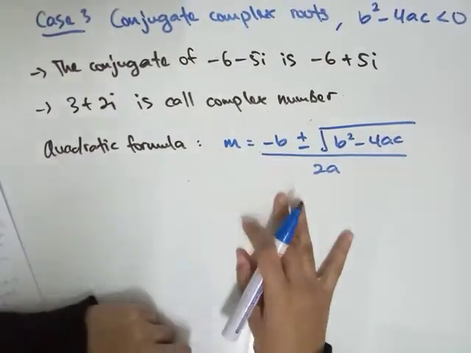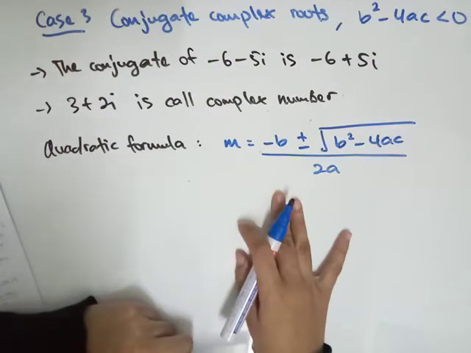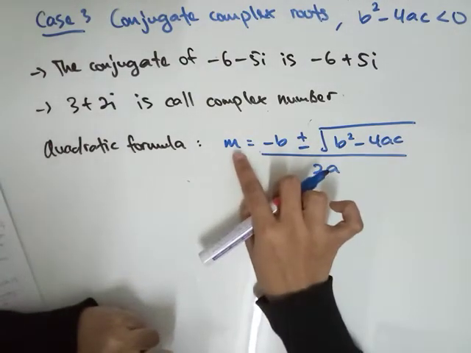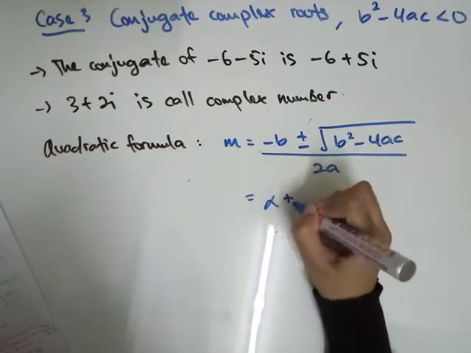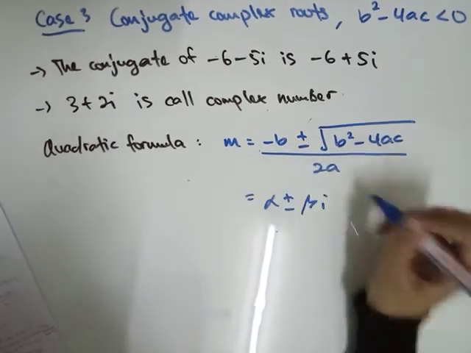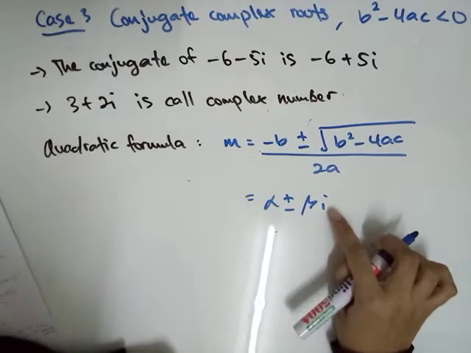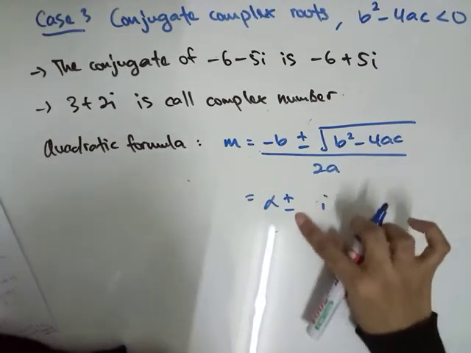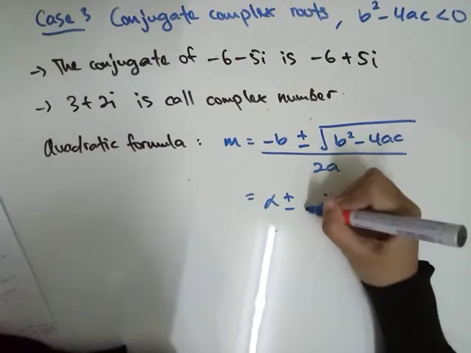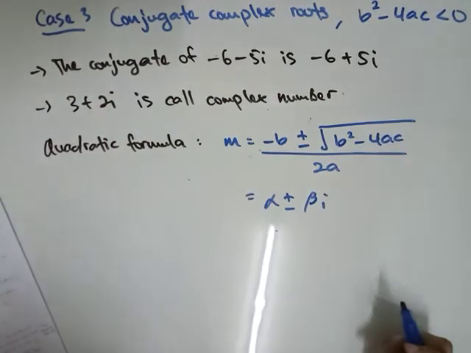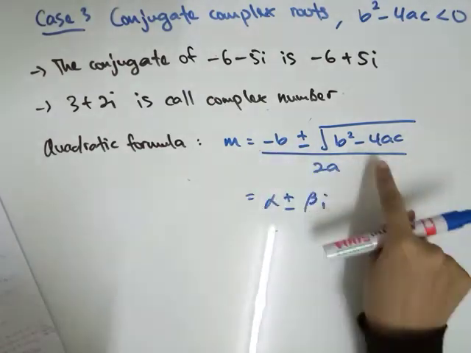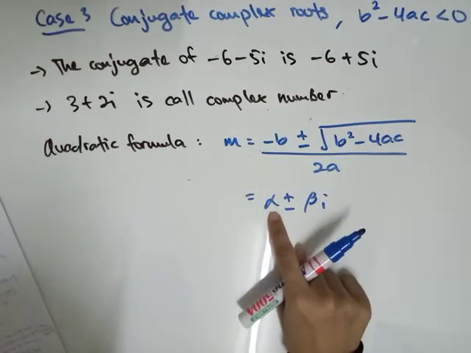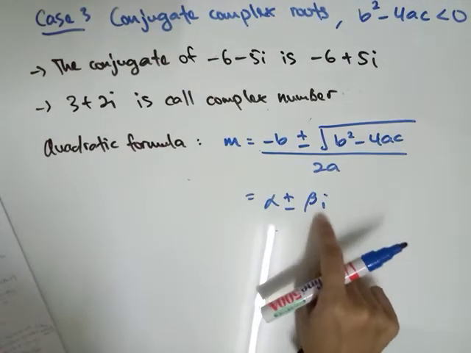This is the quadratic formula. To get the value for m, the last answer you will get is alpha plus minus beta i. Alpha plus minus, and this one is beta. After using this formula, the last answer you will get is alpha plus minus beta i.